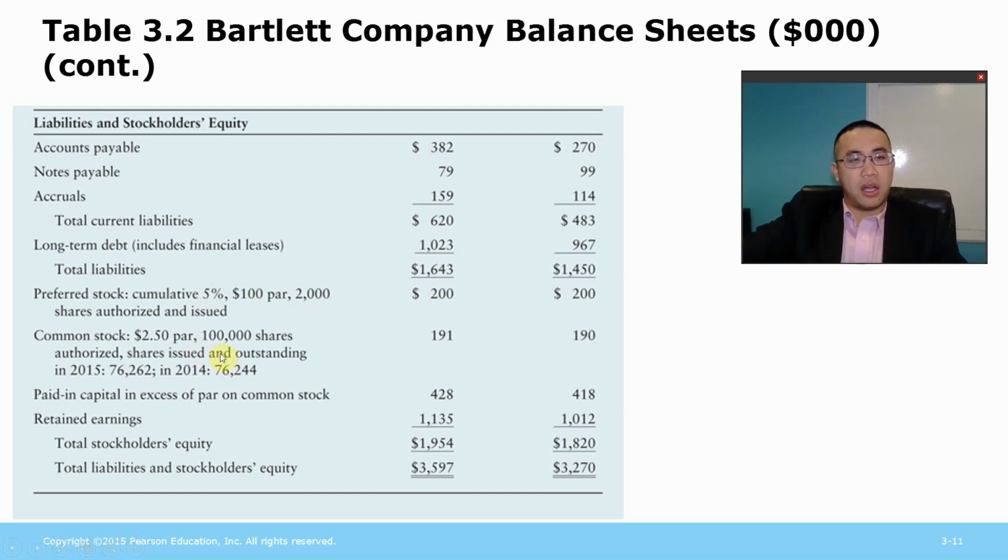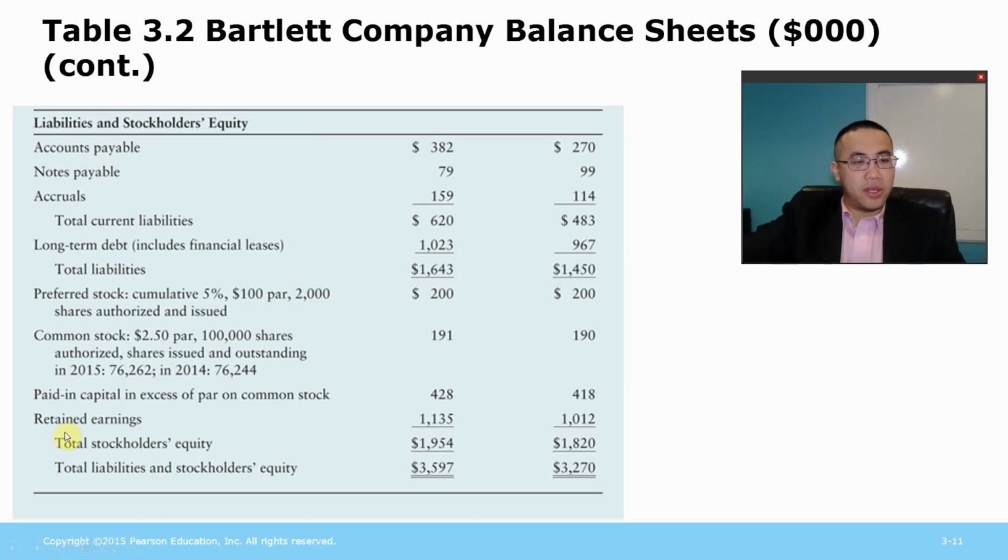For common stock, there's also par value and the number of shares outstanding. The thing is, for common stock, there's no fixed dividend ratio. Unlike right here, where you have a 5% dividend ratio, right here you have none. So that means for common stock investors, there's no guarantee of their dividend income.